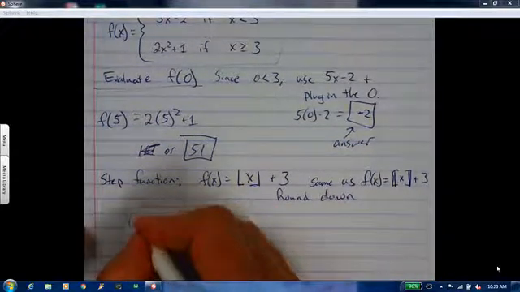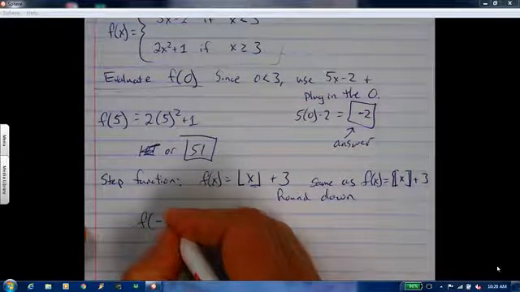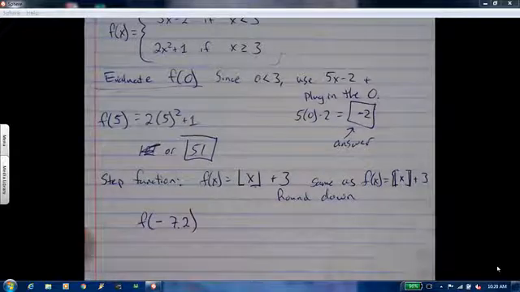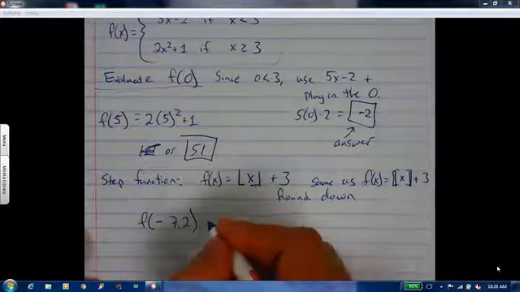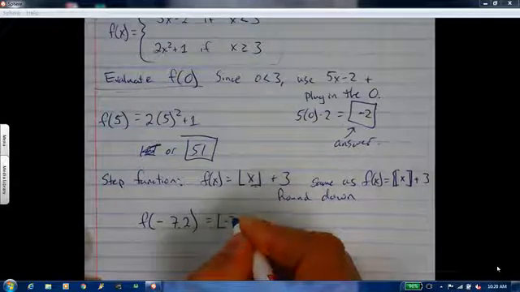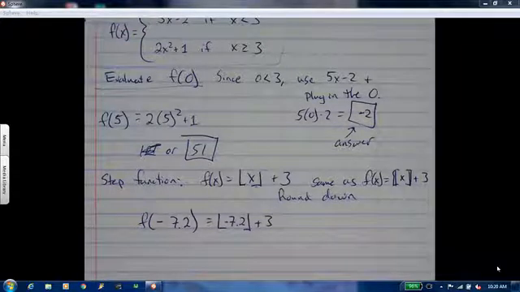So f of negative 7.2. So that goes in for the x. So if you round negative 7.2 down, you have to move left on the number line. There you go.